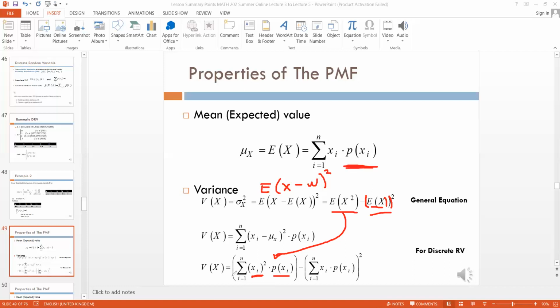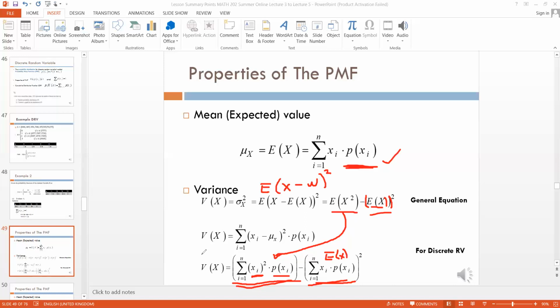So when you're finding the variance, all you need to find is this first term, because you would have found the expectation of x already for the mean. So you don't need to find the second quantity. You only find this quantity, and then subtract the square of the mean you found earlier from it to get the variance.